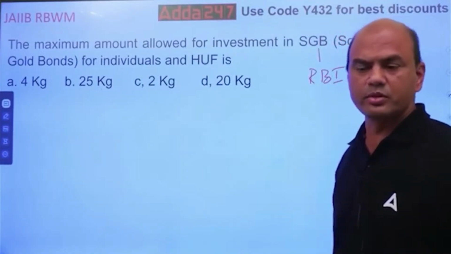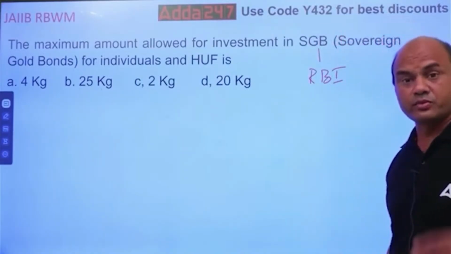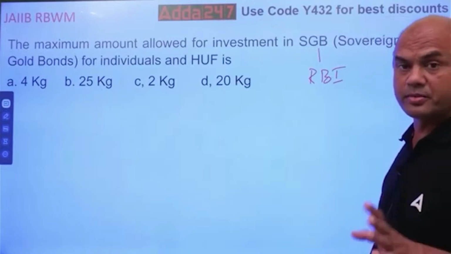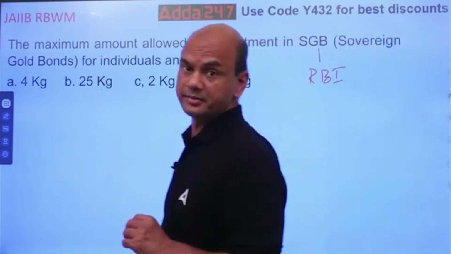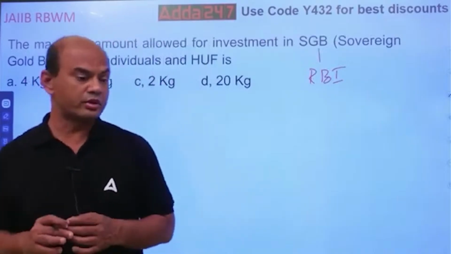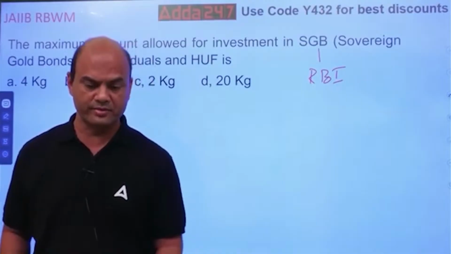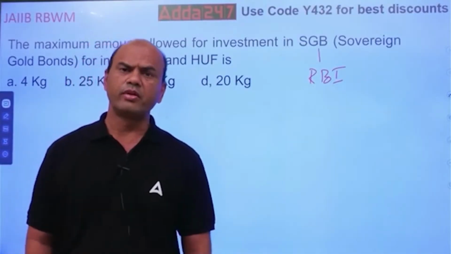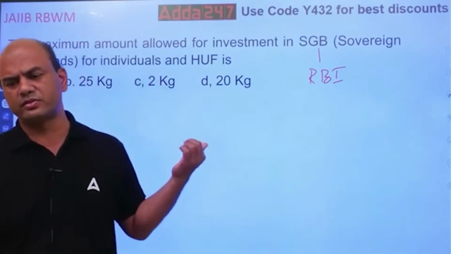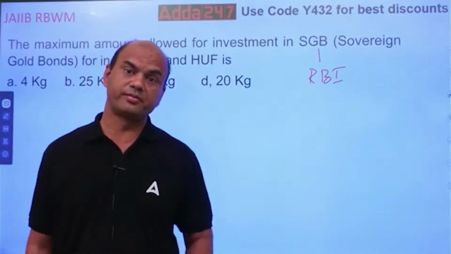What are the sovereign gold bonds? This question will be there in the exam. Be sure about it, it will be there, definitely. So, sovereign gold bonds means what? These are issued by RBI on behalf of the government. Why does the government want you to buy sovereign gold bonds instead of real gold?